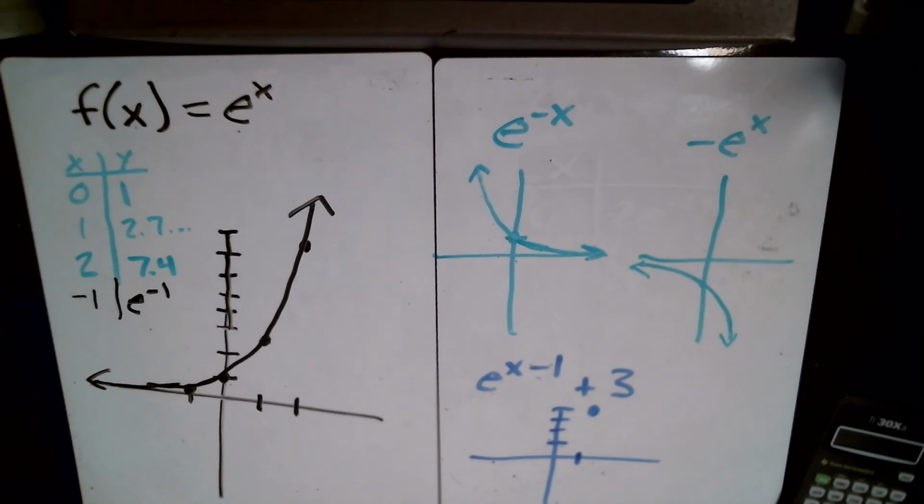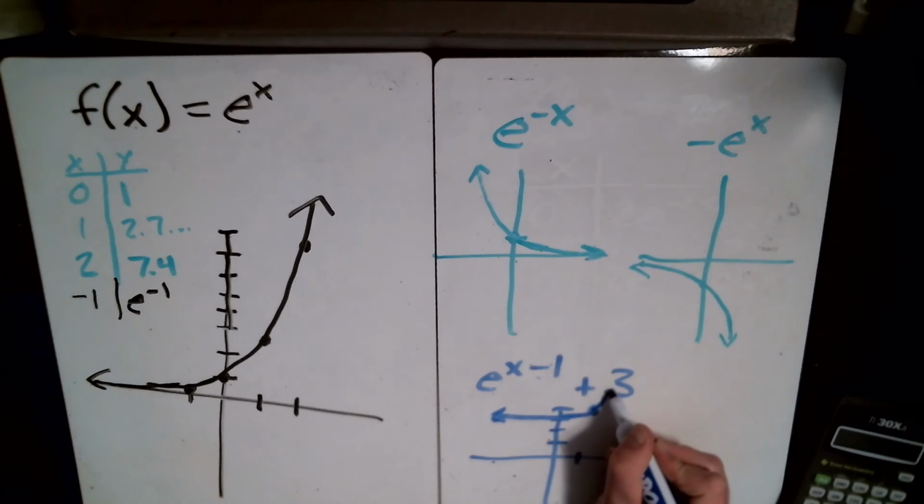And then the shape is going to be the same because you're not flipping it over any axes or anything, but essentially it's going to be coming down. The axis will be up 3, right? So it's going to be going like that, and then it's going to be shooting up afterwards. Sorry, this graph doesn't look the best. But it's just shifted up 3 and then 1 to the right. Okay, that would be your graph there.